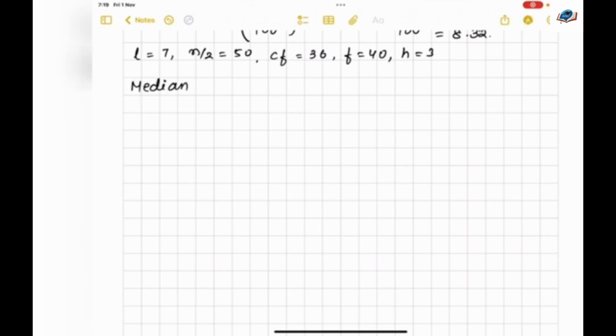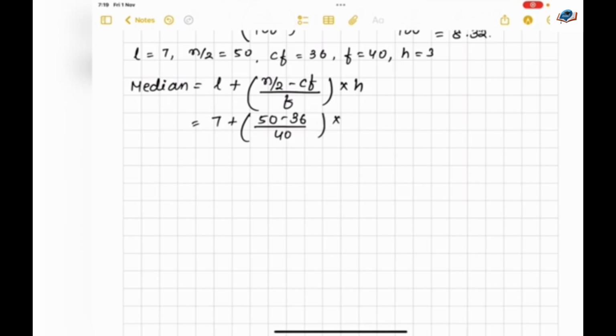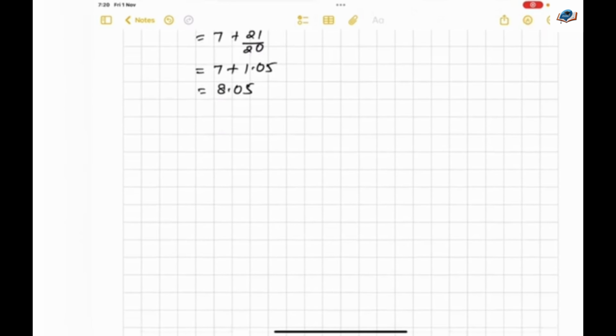So median equals L plus (N by 2 minus CF) upon F into H. So 7 plus (50 minus 36) upon 40 into 3. So that is 7 plus 14 upon 40 into 3. So 7 plus 21 upon 20. So 7 plus 1.05. That is coming as 8.05.